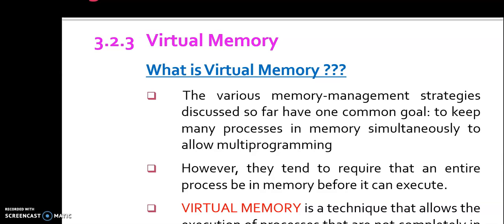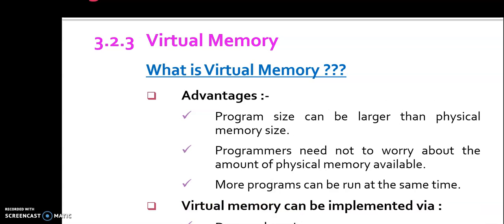This happens quite often when you are running multiple programs. That's why you have the term multi-programming, when you have too many processes and your RAM is very small. So this is what happens.